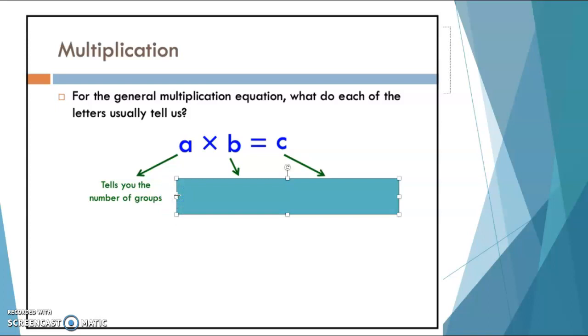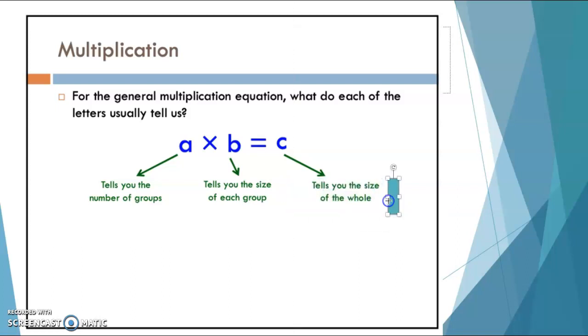A tells us the number of groups times B. B tells us the size of each group. And then C tells us the size of the whole group. So A, number of groups, times B, size of each group, equals C, the size of the whole.